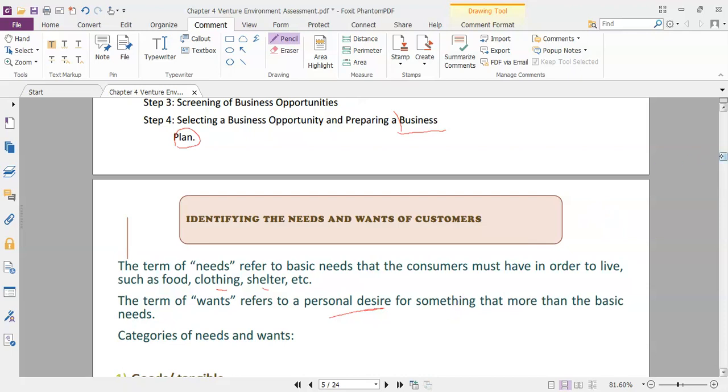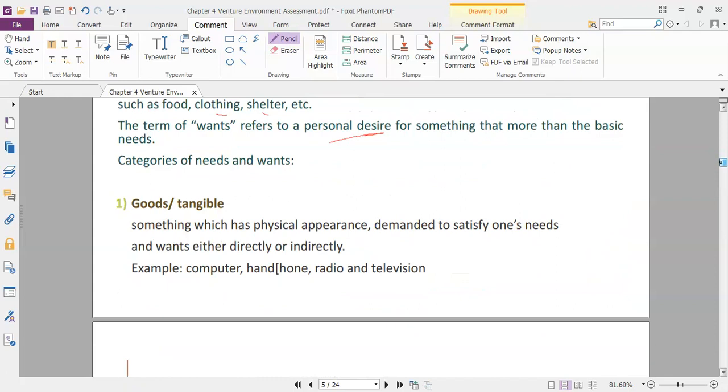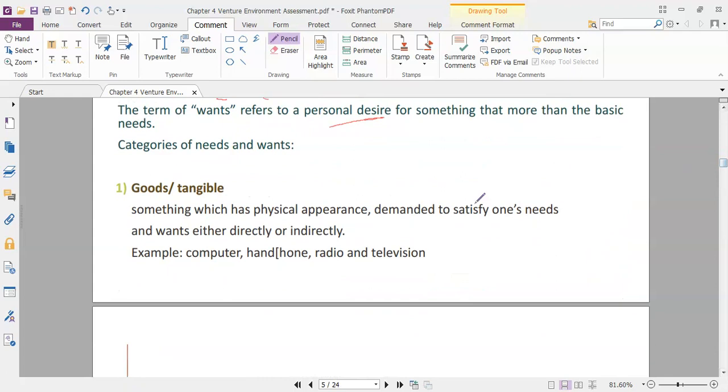Categories of needs and wants: in terms of goods, or tangible, something that can be touched and seen in a physical appearance, demanded to satisfy one's needs and wants either directly or indirectly. For example, a computer, a phone, and a television.